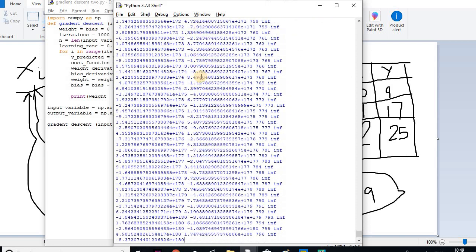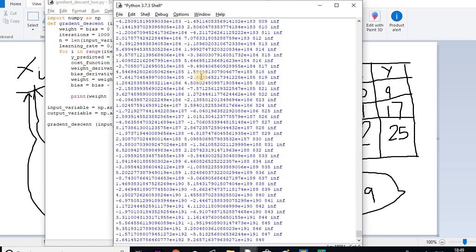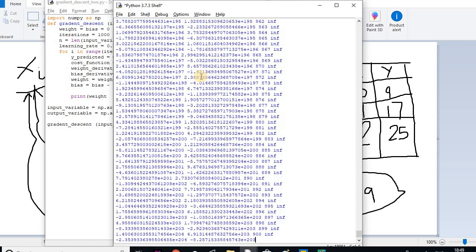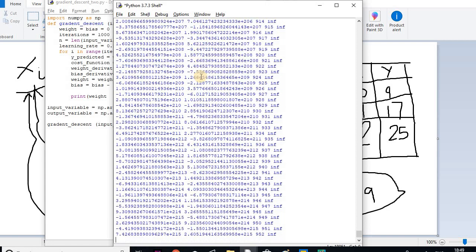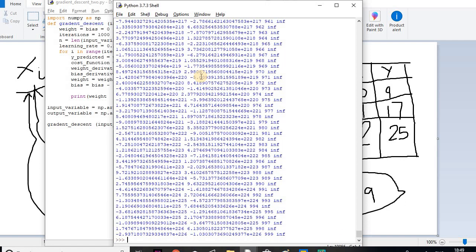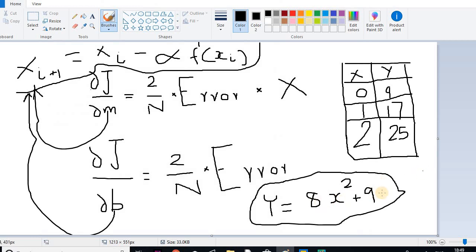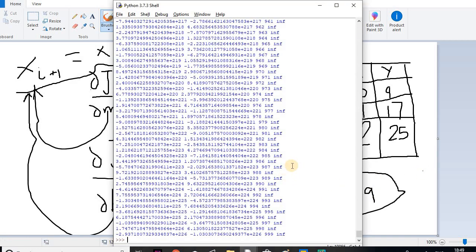See the cost function. If you see the last data, it is giving INF, infinity. In Python, INF stands for infinity. For this variable, the cost function is actually increasing. Even this m and b, I have already told you it is 8 and 9. It's nowhere matching, right?